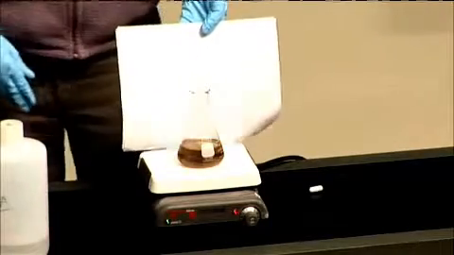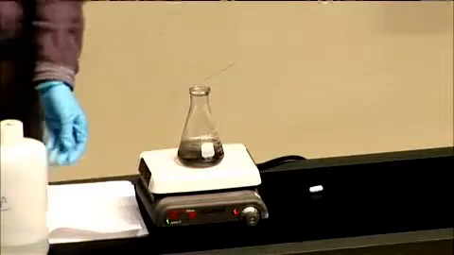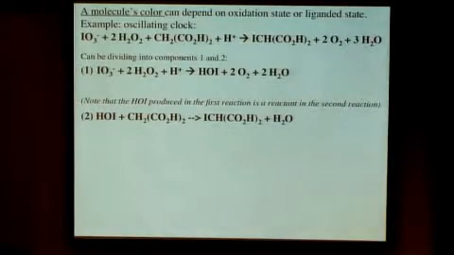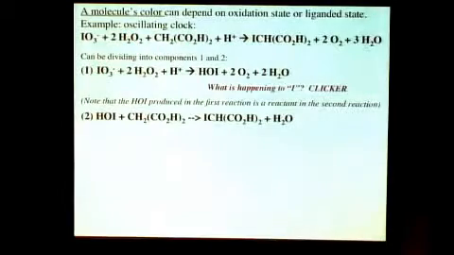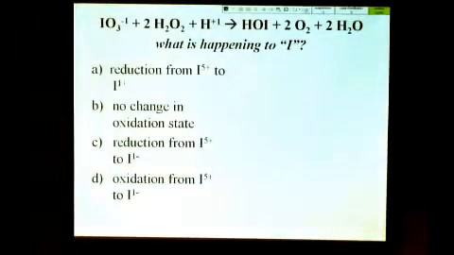And we can consider what's happening. Here's the overall reaction, and it can be divided into two components. So why don't you tell me what is happening to iodide in that first reaction?